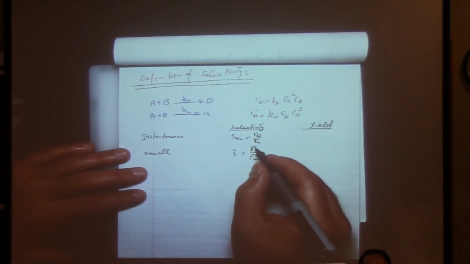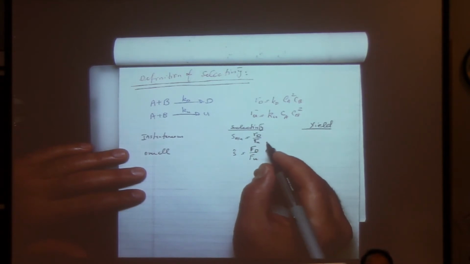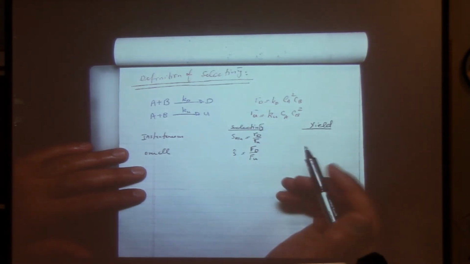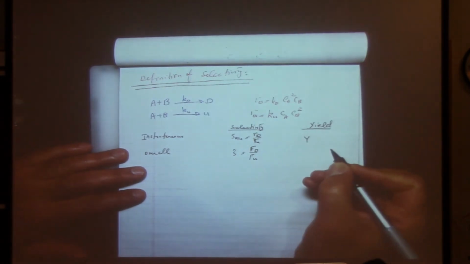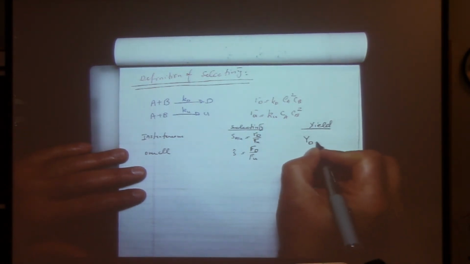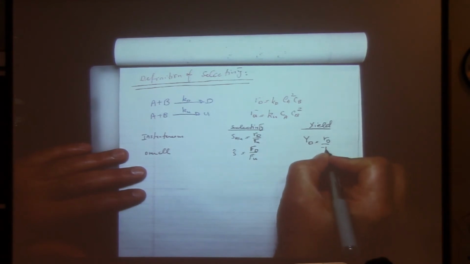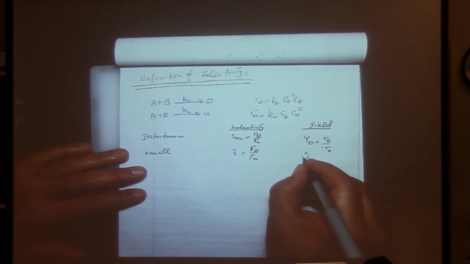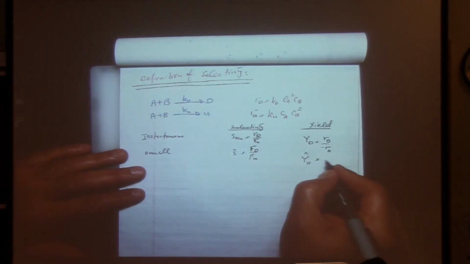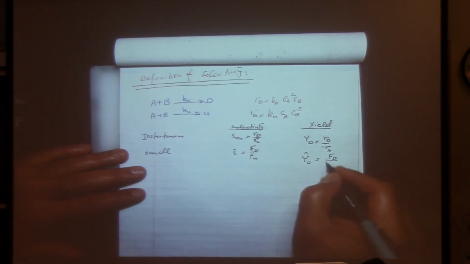In definition, they are close. So the numbers do not match exactly, but not a big difference. For example, one would be 70%, the other one would be 72%. So the yield, we call it capital Y. It would be RD over minus RA, and the overall yield, with the little hat on top of it, would be FD over FA0 minus FA.